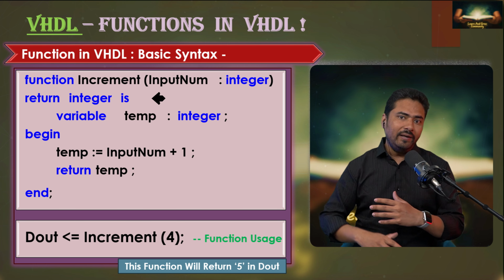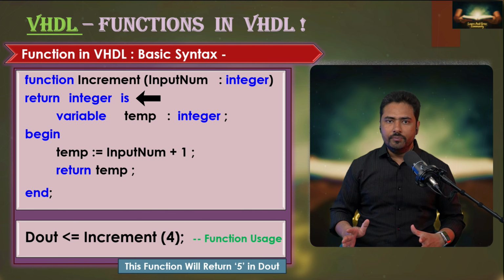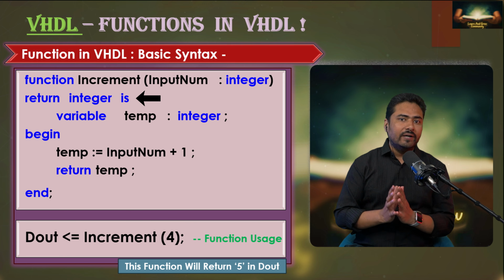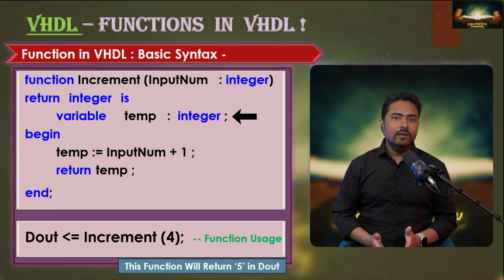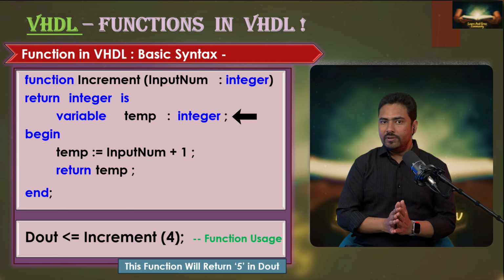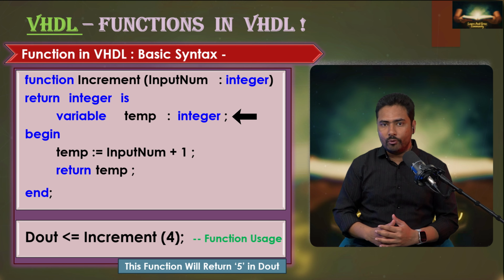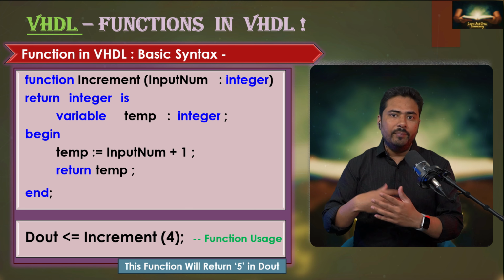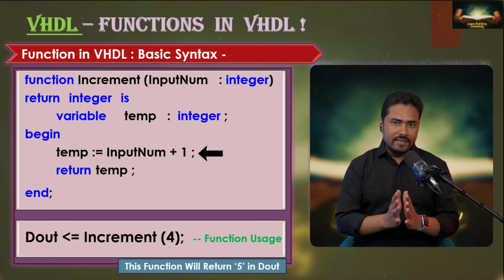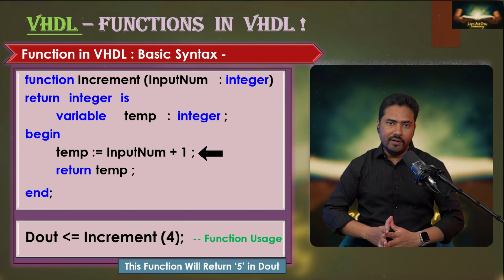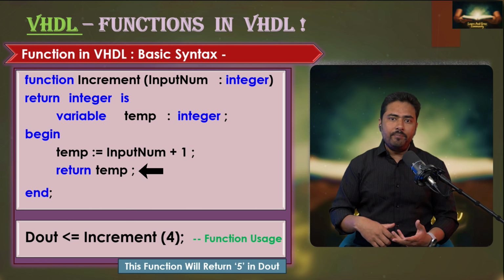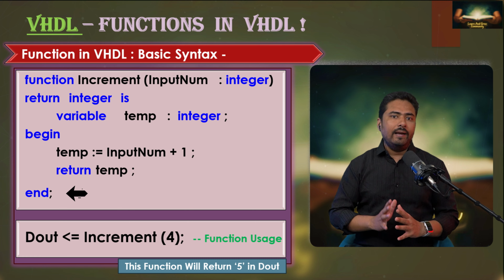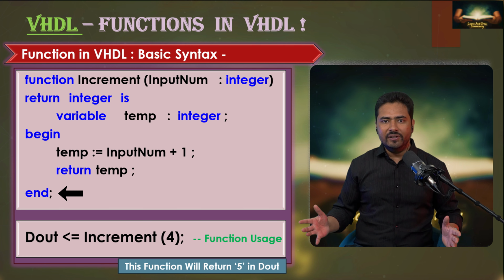Next, we specify the return type as integer, since this function will return an integer value. Then we declare a variable called temp to store the intermediate result for our calculation. Now, after the begin keyword, we assign temp the value of input_num plus 1. Finally, we return temp as the output and then end our function with the end keyword.